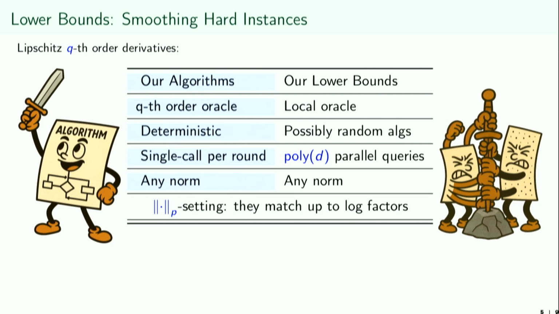So we are optimal in that strong sense. This also works for any norm, but the lower bound depends on some quantities of the norm. For p norms, we can compute that explicitly, and we show that we're optimal there.